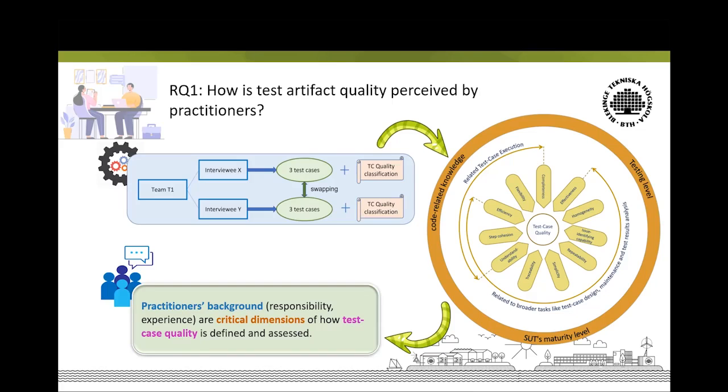The important conclusion in this study is that practitioners' background, including responsibility and experience, are very important dimensions in how test artifact quality is defined and assessed. Going further into detail, as you can see here, some test artifact quality attributes are more related to test case execution.